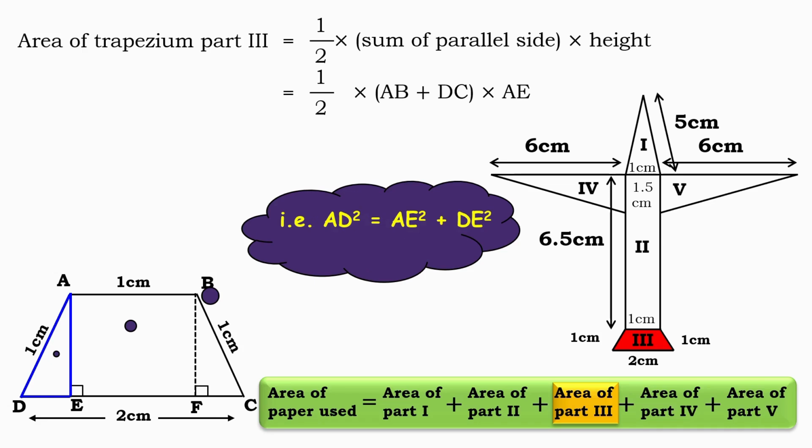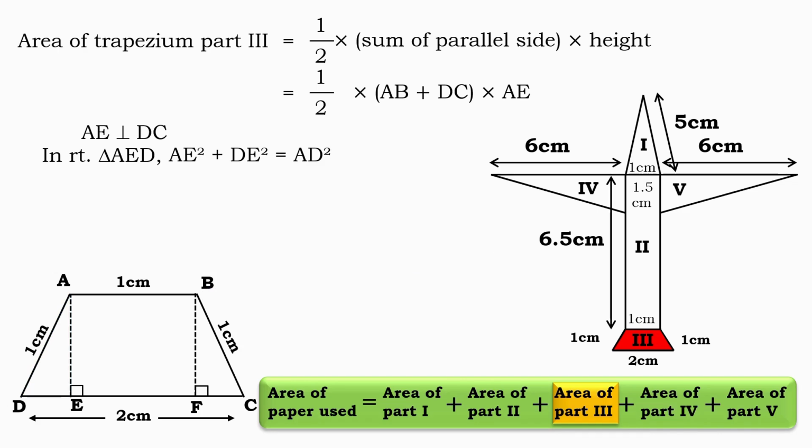We know that in triangle ADE, AD is the hypotenuse. So AD square will be equal to AE square plus DE square. Since AE is perpendicular to DC, in right angle triangle AED, AE square plus DE square is equal to AD square, right?